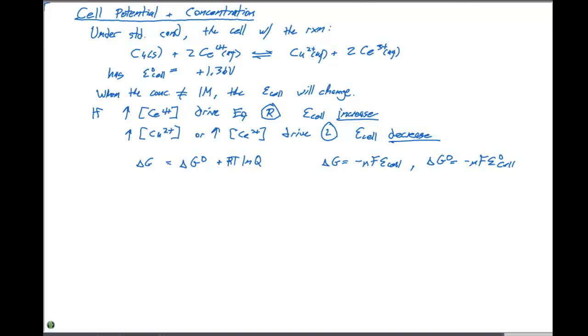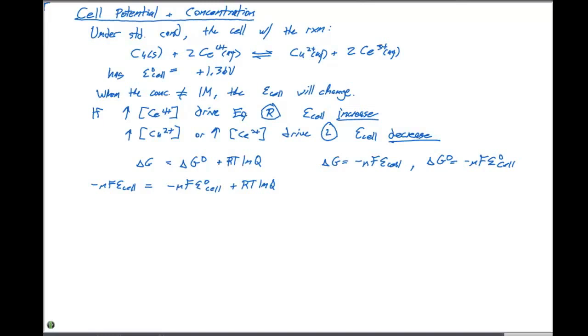When we do that, we get minus nF E cell equals minus nF E° cell plus RT ln Q. So the chemists back in the day said to themselves, this is a kind of brutal equation. What can we do to manipulate this and rearrange this so we can use a more convenient form when we perform these calculations?